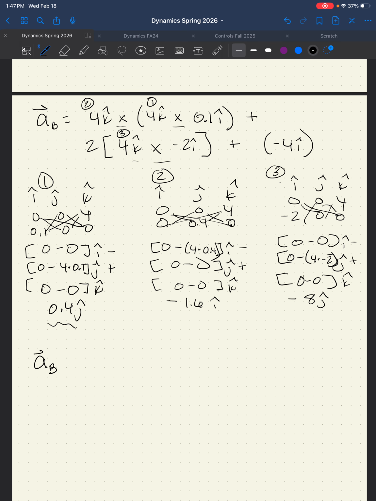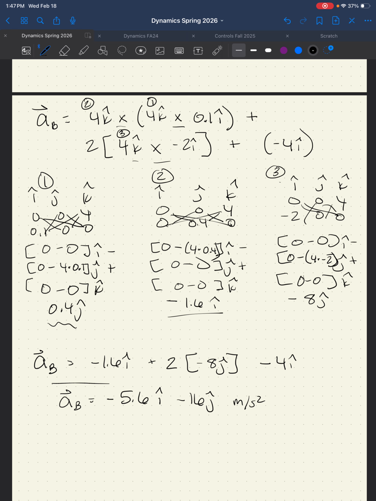So acceleration of B equals the result of this cross product here, minus 1.6i, plus 2 times this third cross product, minus 8j, minus 4i. So this should be, let's see, acceleration of B equals minus 5.6i minus 16j meters per second squared.